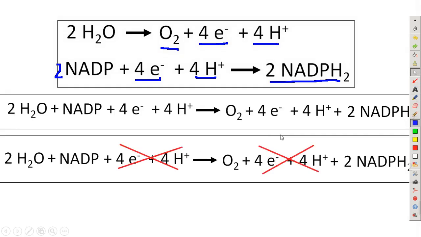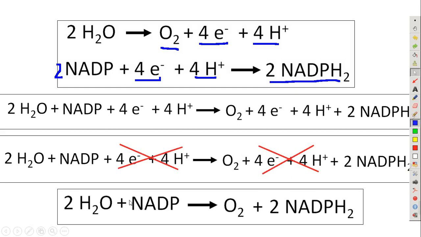I forgot the 2s here, so I'm just going to add them. Sorry about that. We should normally end up with the following equation: 2 molecules of water plus 2 NADP gives dioxygen plus 2 NADPH2.